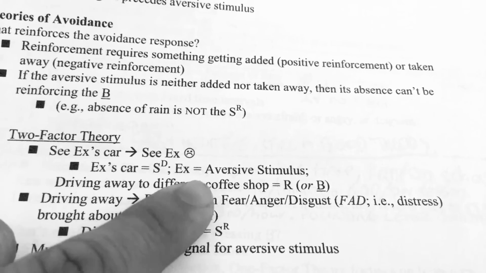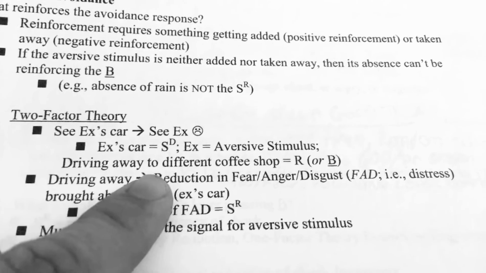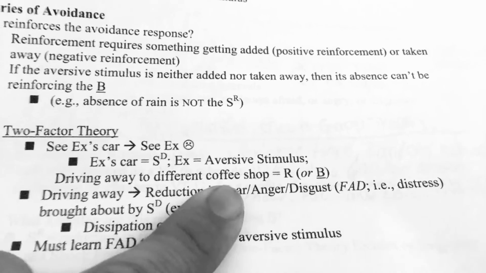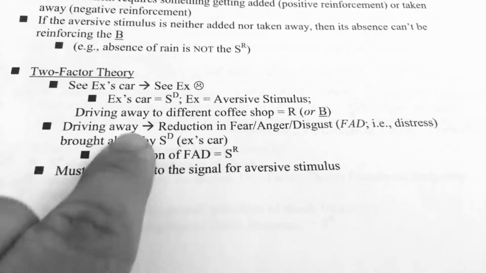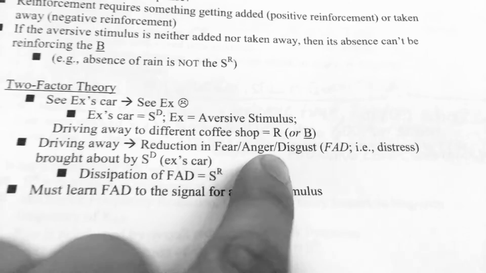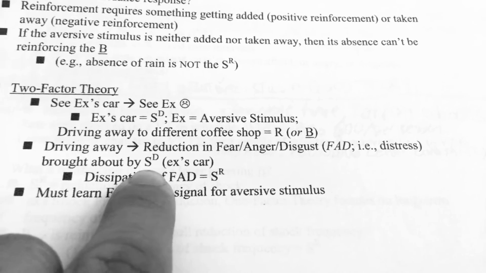So your ex is now the aversive stimulus. Your response is driving away or going to a different coffee shop. This is your response or behavior. Driving away reduces your fear, anger, or disgust, or your FAD, fear, anger, disgust, brought to you by the stimulus.